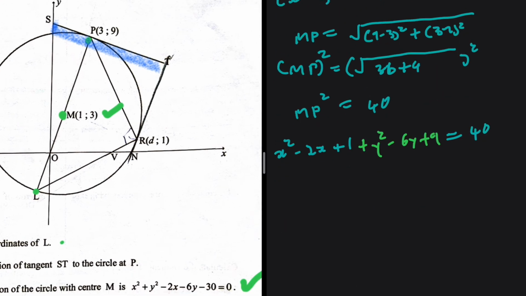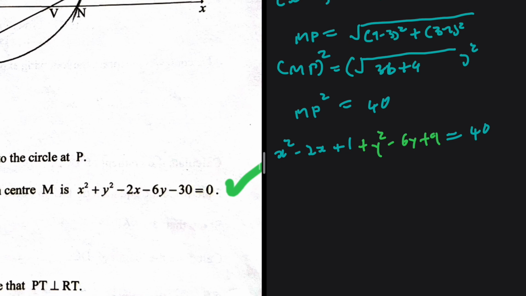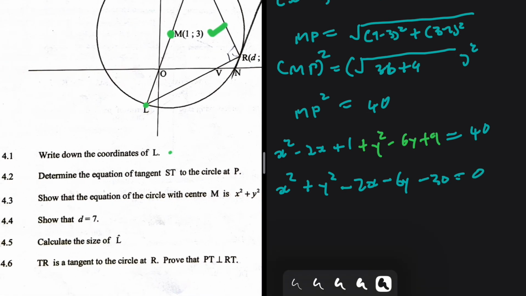So let's rewrite that in the form that we are supposed to. So we have x squared plus y squared, right? It is there. We're just putting them next to each other. And then minus 2x. It's easy to see how that comes about. Minus 6y. And then plus 1 plus 9 is 10. And then 10 minus 40 is minus 30. So this is what we are supposed to show. And as you can see, we have that.